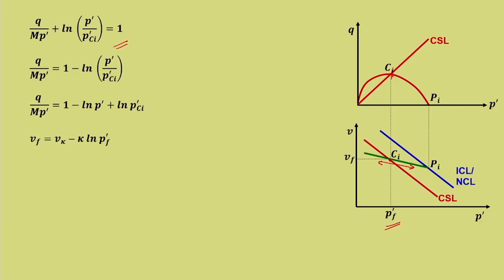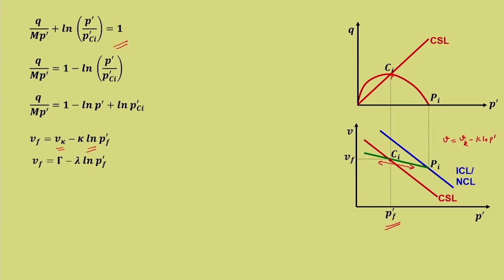Again, refer back to our critical state discussion, wherein any point on this loading-unloading line can be written as V is equal to Vκ minus κ ln p'. For this specific point we can write Vf is equal to Vκ minus κ ln p'f.